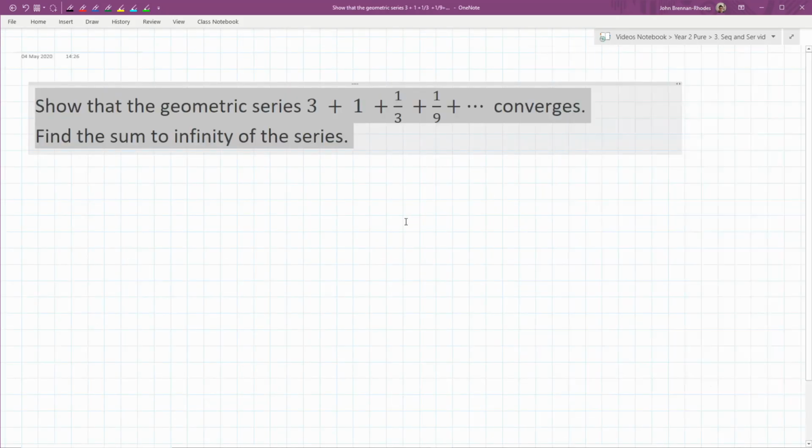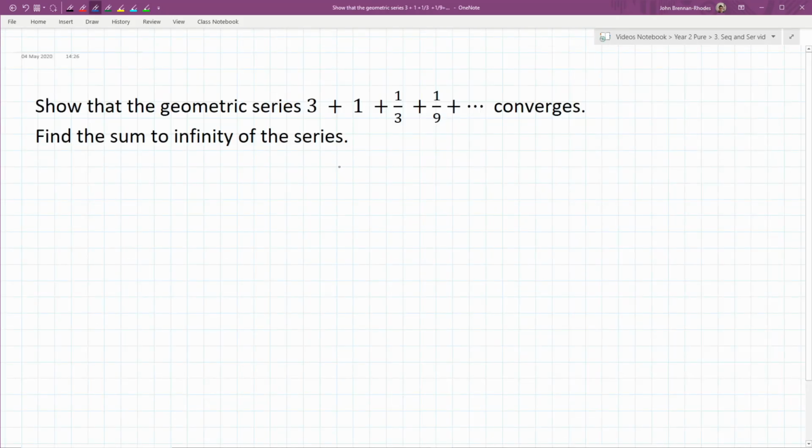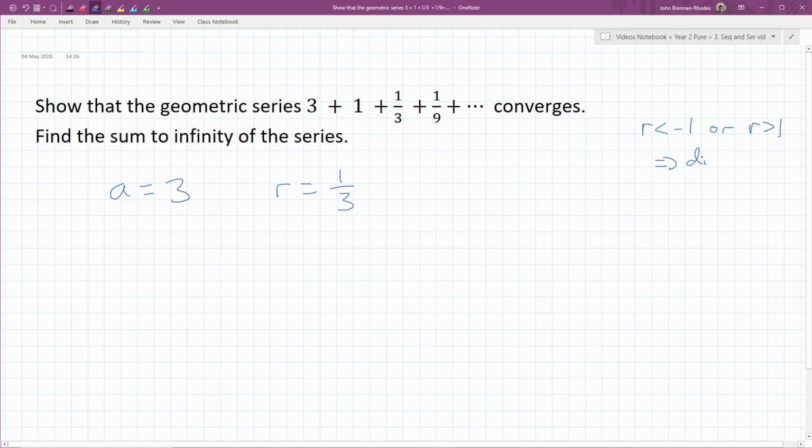Okay, we're going to have a look at this geometric series. Find the sum to infinity of this geometric series. Again, we can see that A is 3 and r, crucially, is between -1 and 1. So it converges. Converges means that it's going to come to a value. Diverges would be the opposite. So if r is less than -1 or r is greater than 1, then it diverges.